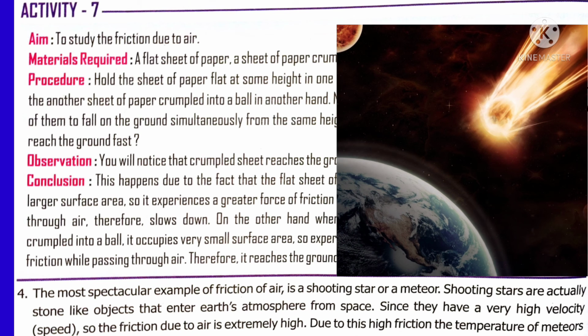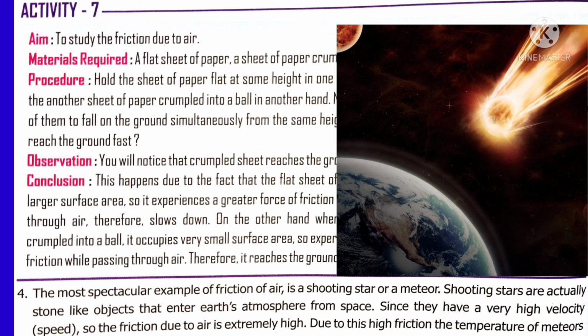Meteoroids are heavenly bodies, rocky solid substances present in outer space. When they reach the earth, due to high speed, the friction increases. Due to this high friction, the temperature of the meteors rises, and they catch fire and begin to glow.